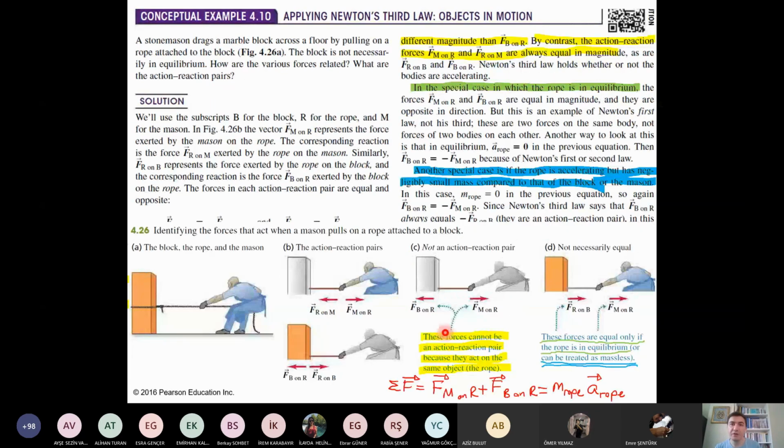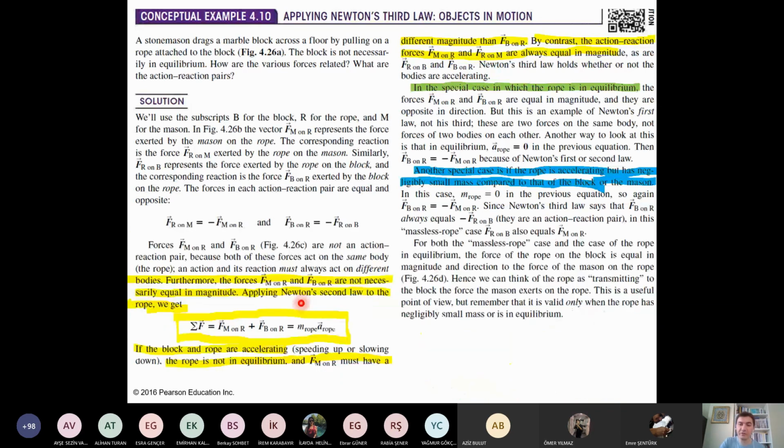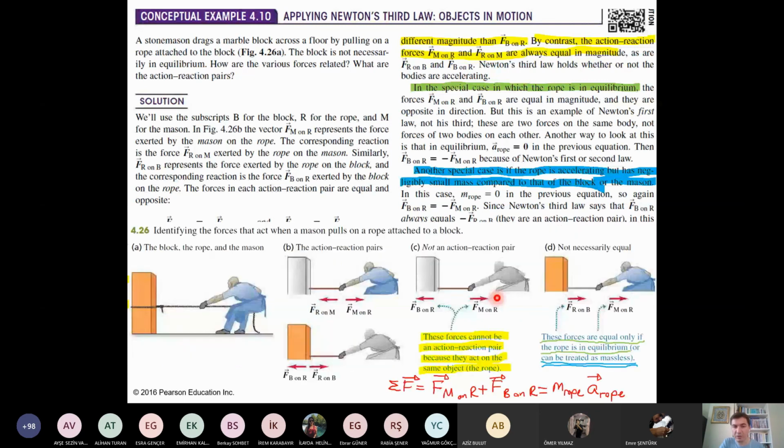Here, let me continue with the special case. So let's try to apply Newton's second law to the rope. Here we have the rope, and we have a force applied by the mason on the rope, and here we have the force applied by the block on the rope, and then apply Newton's second law.